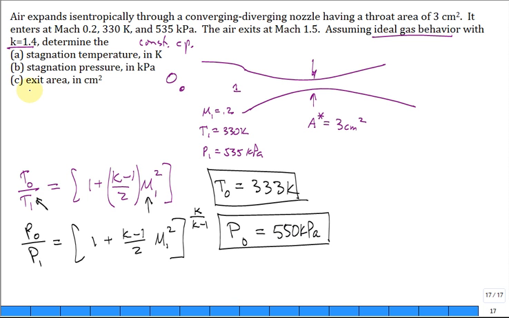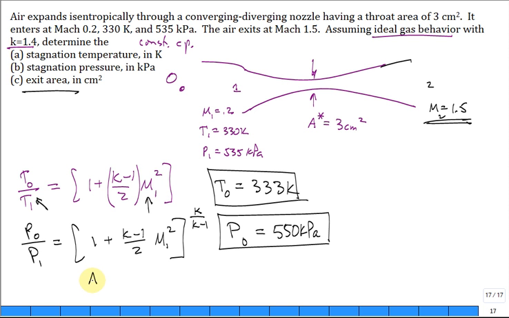What is the exit area? Well, it exits over here at some state 2 where the Mach number is 1.5. True? So it's exiting at a Mach number of 1.5. You take a look at the area equation. Ooh, did I show you the area equation or just, oh, here it is.